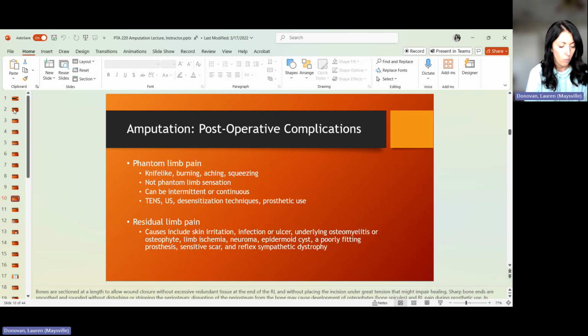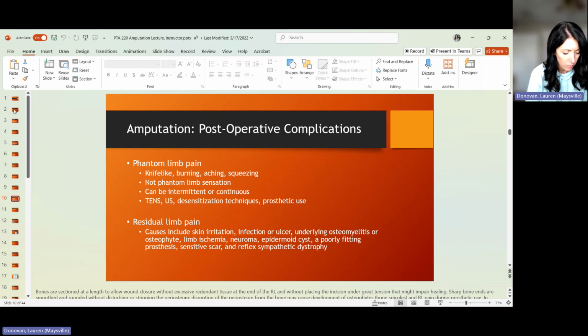Residual limb pain could be because of skin irritation or ulcers, underlying osteomyelitis or osteophytes, limb ischemia, neuromas, epidermoid cysts, a poorly fitted prosthesis, sensitive scar, and reflex sympathetic dystrophy. So it really depends from one patient to the other.